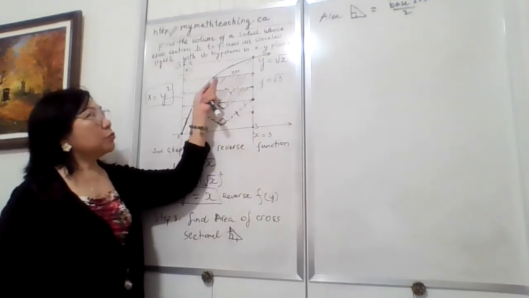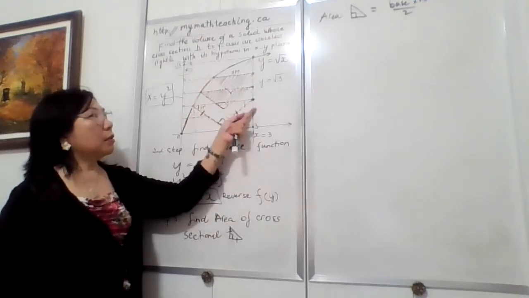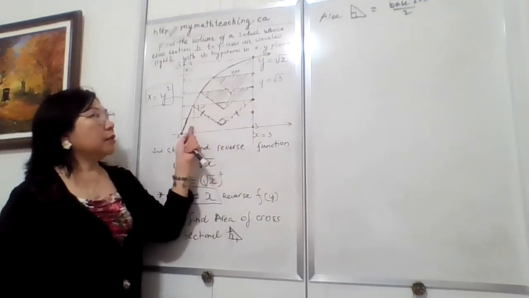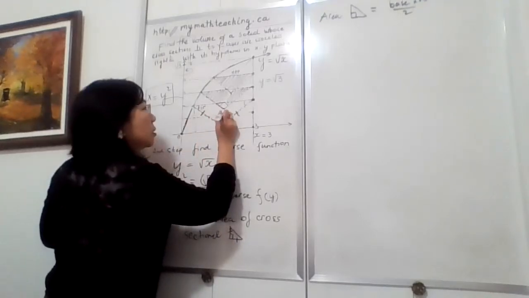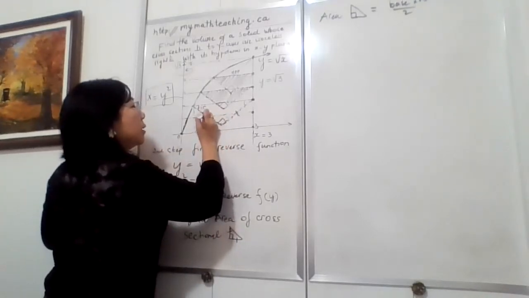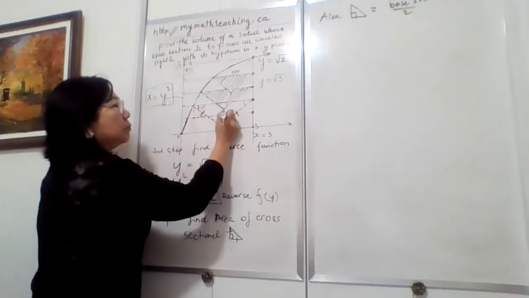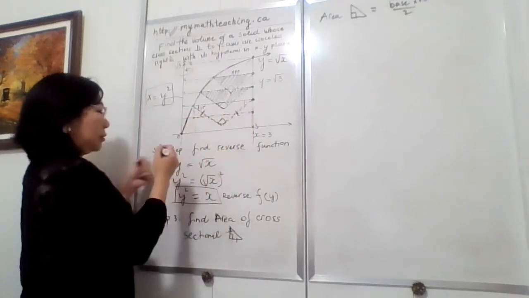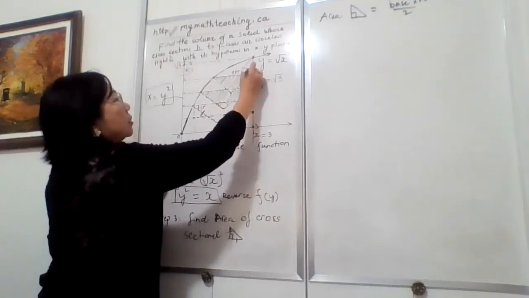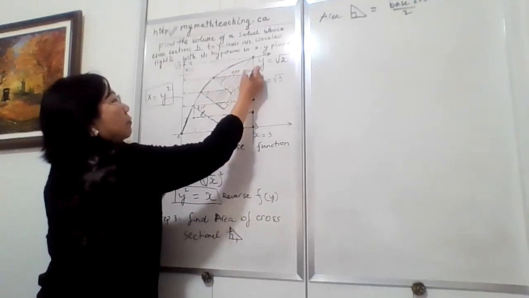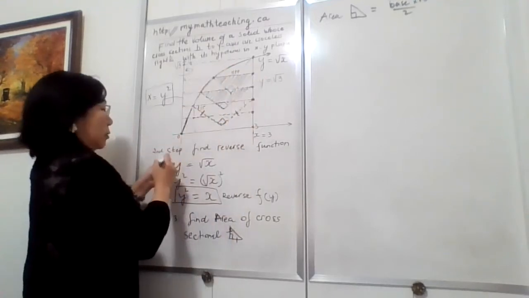So the hypotenuse starts smaller and gets bigger. But how do we find the hypotenuse in terms of the function? Because we cannot find a fixed number, we have to find it in terms of the function. So look at the hypotenuse of this triangle from this coordinate to this coordinate.